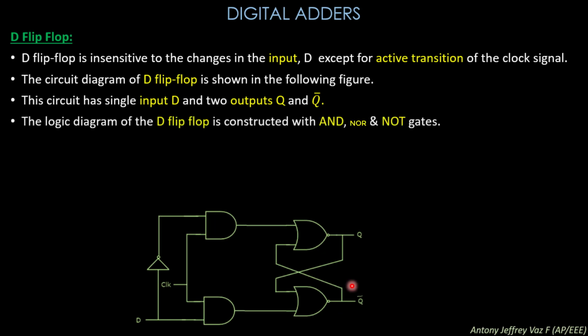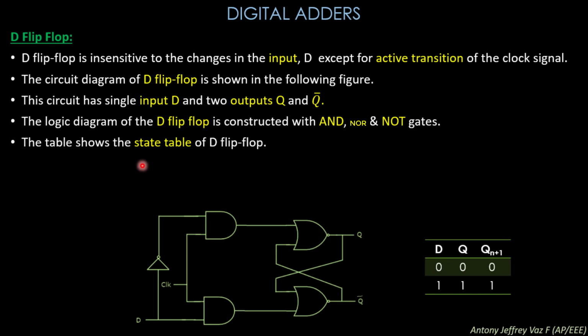The logic diagram of the D flip-flop is constructed with the help of AND gate, NOR gate as well as NOT gate. So these flip-flops have three gates involved. The truth table shows the state table of the D flip-flop.